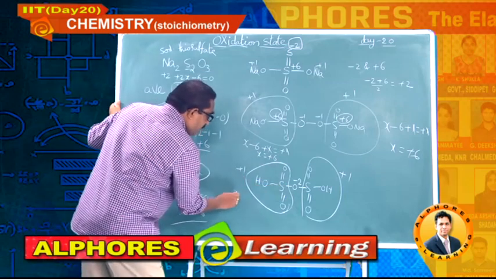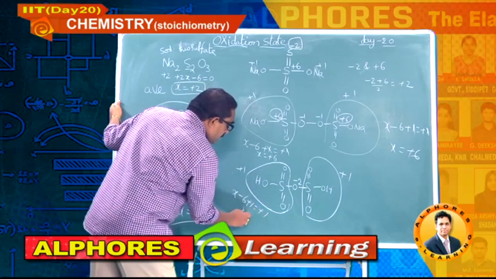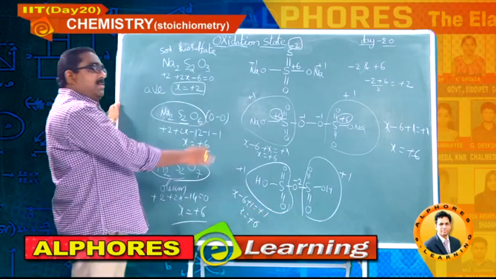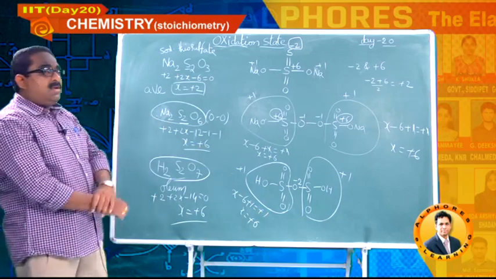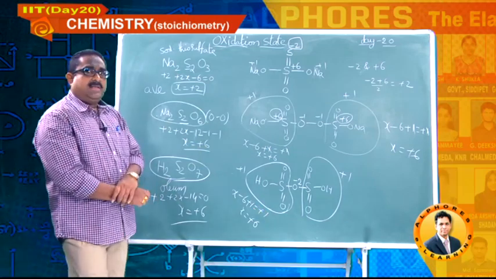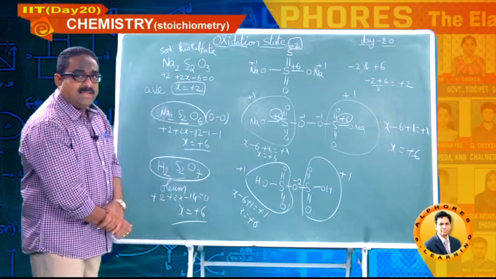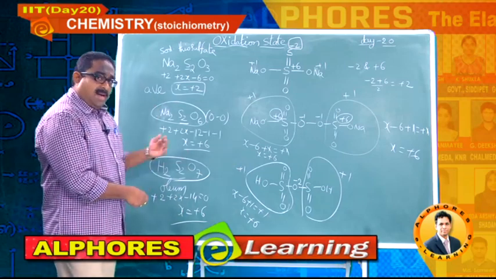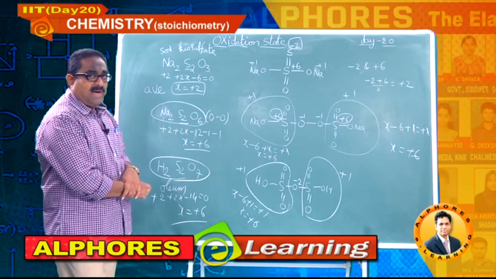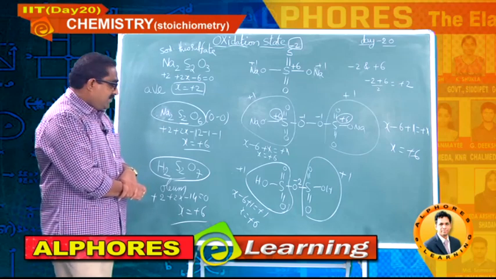Sulfur X, 3 oxygens -6, 1 hydrogen +1. So this is also +6. Similarly, that side you will also get +6. So here also the average is +6, and individually both the sulfurs are +6. Write it down, and I will go to the next set of examples for individual oxidation states of atoms.